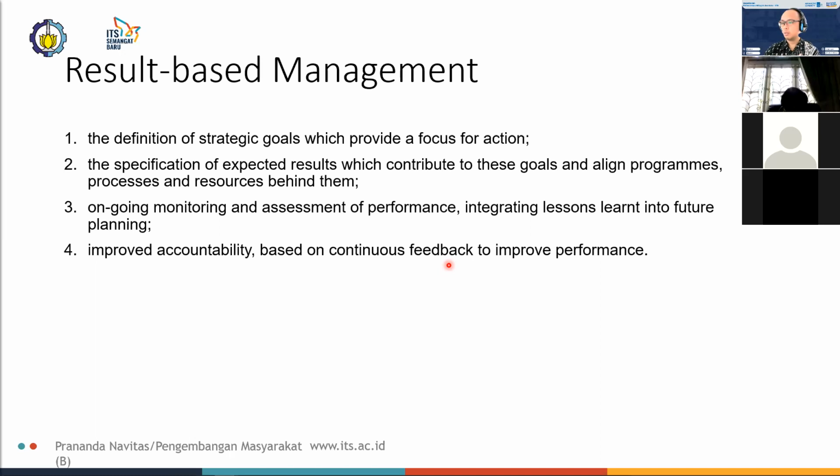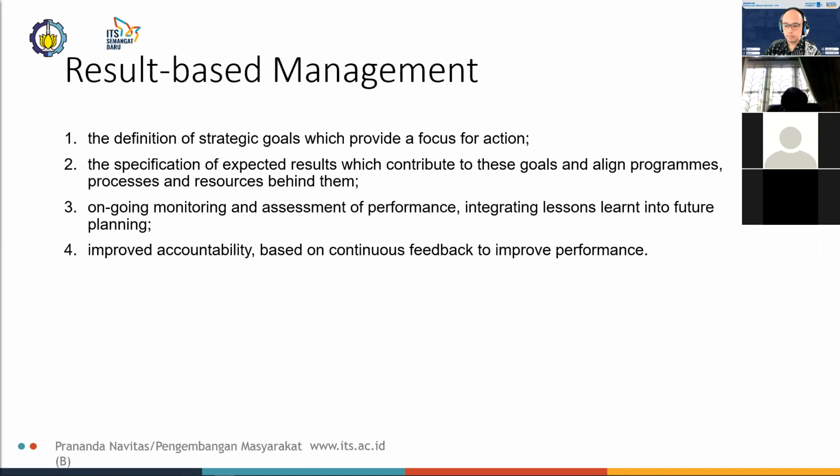So I think pillar number 4 does not only pertain to RBM or LFA, but accountability and feedback should be the first pillar in all community engagement techniques, efforts, and programs.